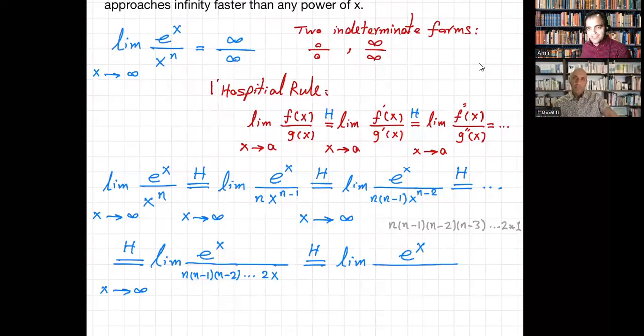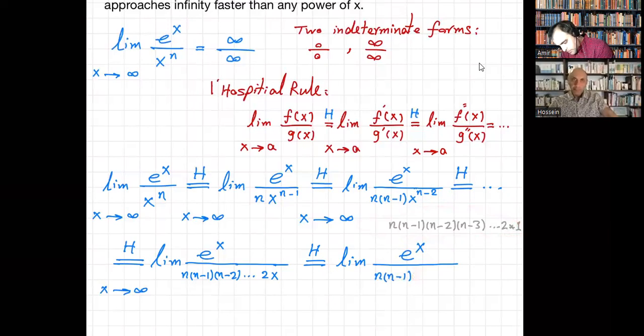Luckily for the numerator, it's the same, and the derivative of 2x is going to be 2, so it's going to be exactly those terms.